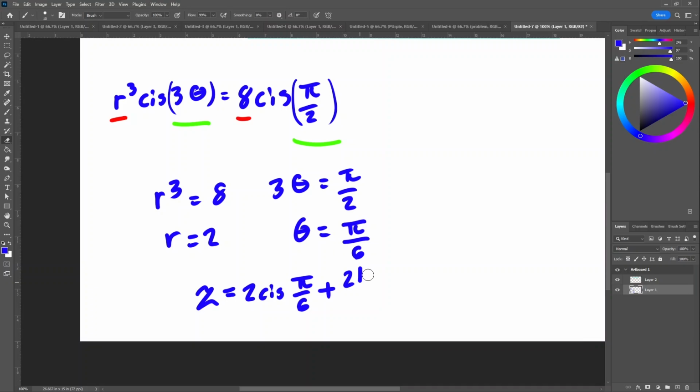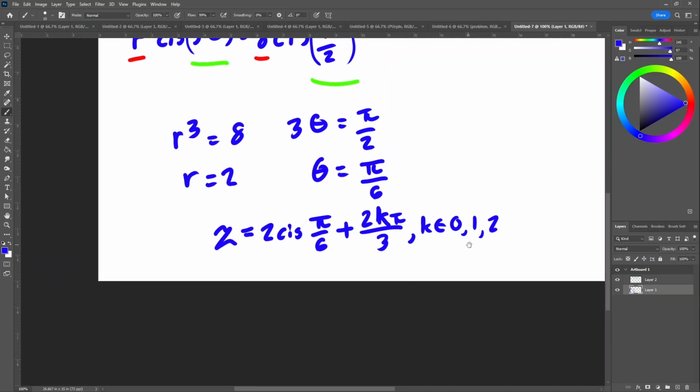This would be 2k pi over, plus 2k pi. And since we divided by 3 on this side, it would be over 3. And over here, we would have k includes 0, 1, and 2.